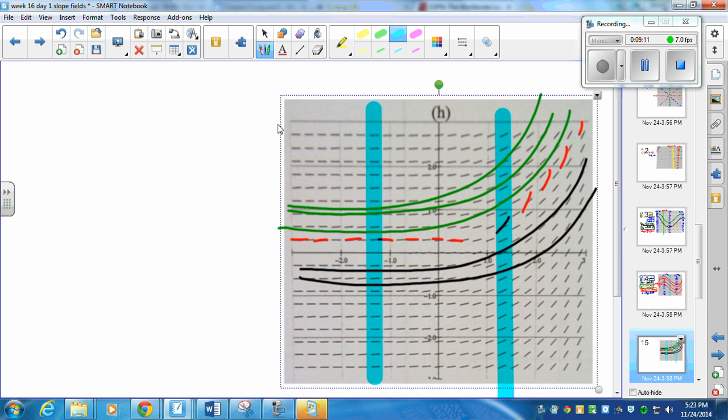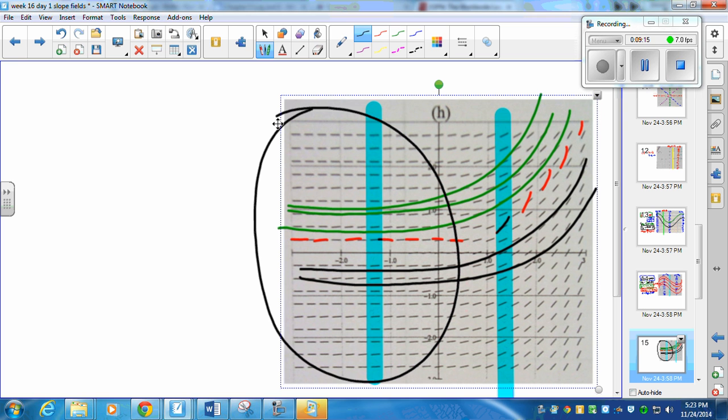I'm curious though, name a guy where almost everything on the left over there is basically 0. And the one guy that fits that is the dy dx equals e to the x minus 2.